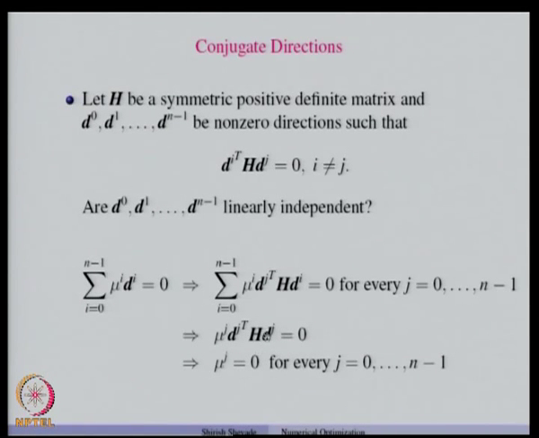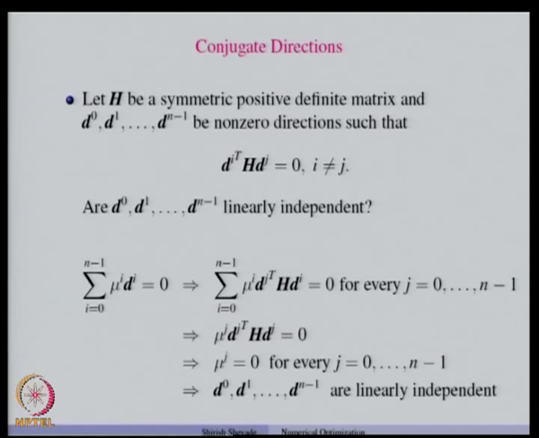So, d_j transpose H d_j is strictly greater than 0 and therefore, mu j has to be 0. So, if these are non-zero directions which are H orthogonal to each other, then d0 to d n minus 1, the n, are linearly independent vectors in the space R^n. So, they form a basis for R^n.